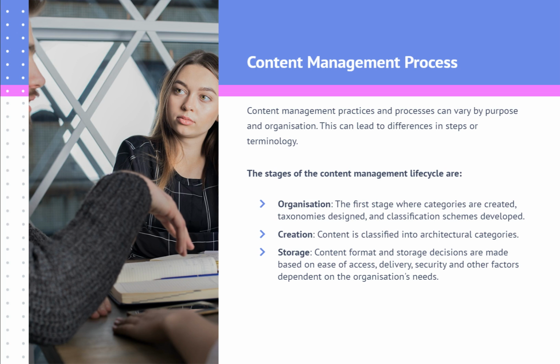Creation, content is classified into architectural categories. Storage, content format and storage decisions are made based on ease of access, delivery, security, and other factors dependent on the organization's needs.